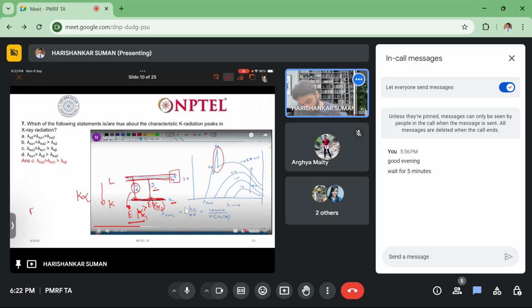We know E equals hc by lambda, so energy is inversely proportional to the wavelength. If energy is high, then wavelength will be low. So the order will be lambda K alpha 1 is less than lambda K alpha 2.